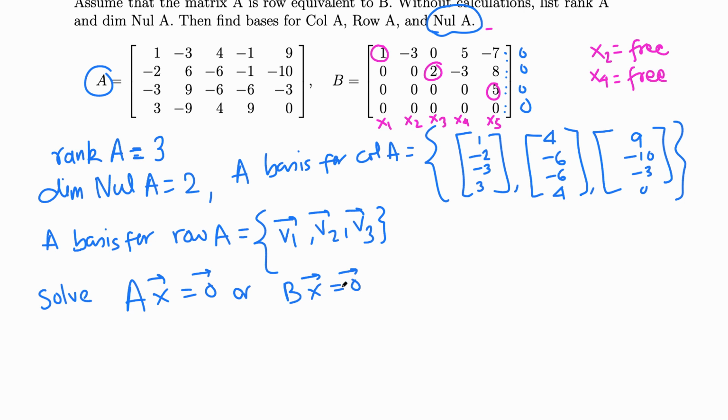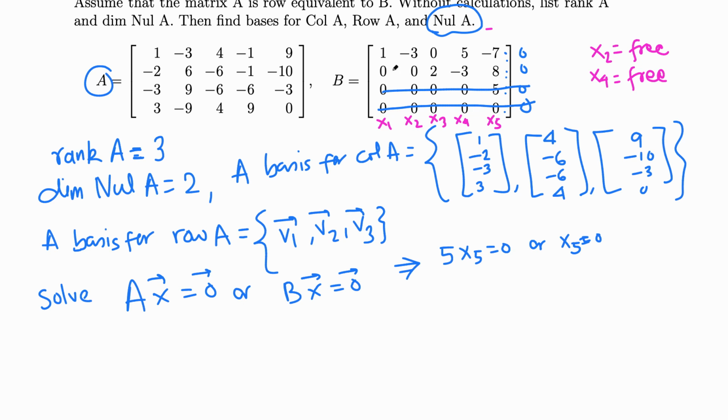To solve, from the last row there is no contribution. From the second last row, this is 5, so x5 is 0. Divide by 5, so we get x5 equals 0.